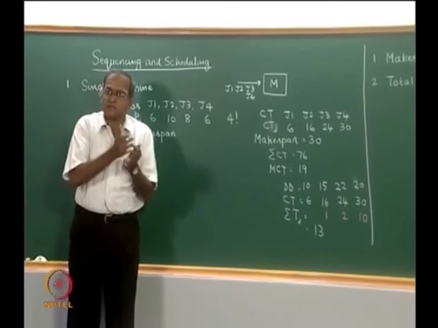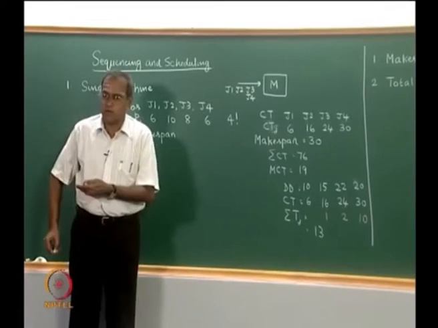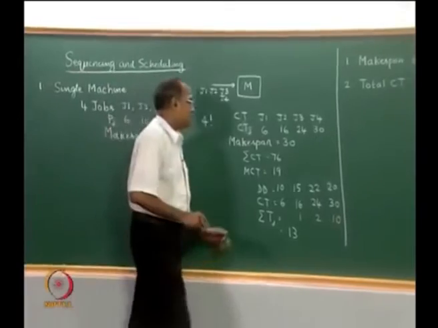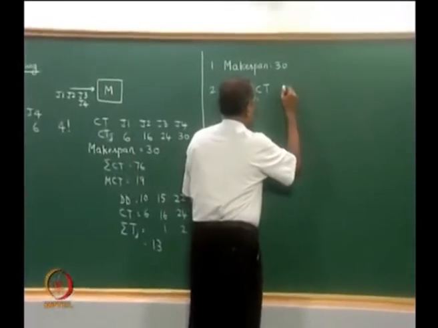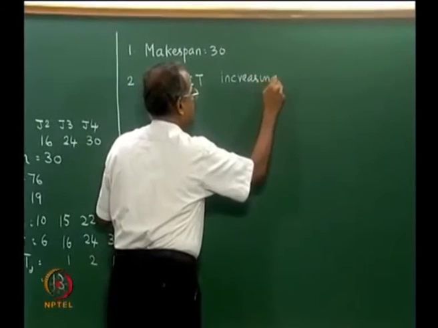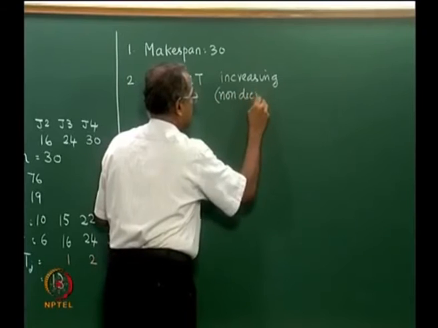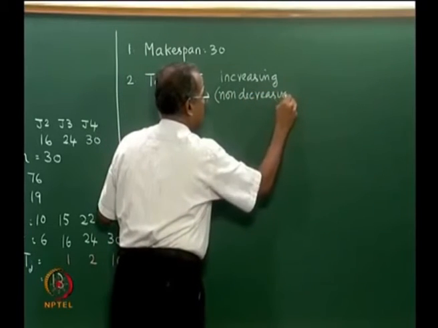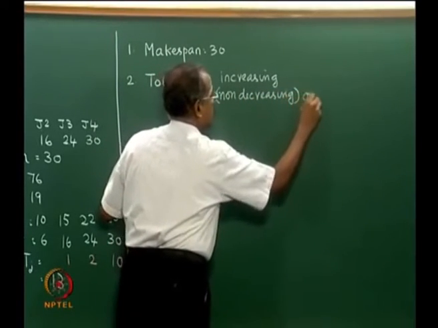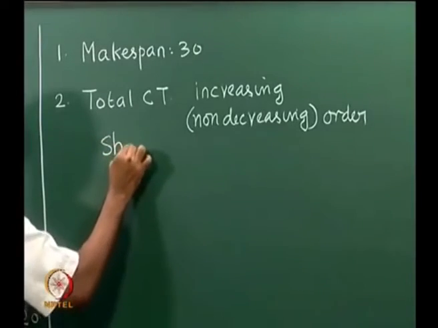The next smallest comes second, which contributes in 3 of the completion times, and so on. Therefore we arrange the jobs in increasing order of processing times, in general non-decreasing order of processing time. And this is called shortest processing time.